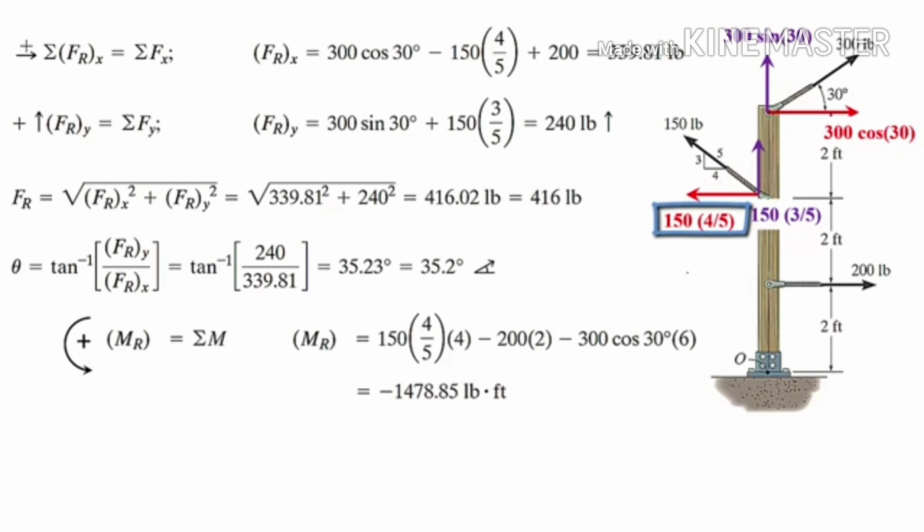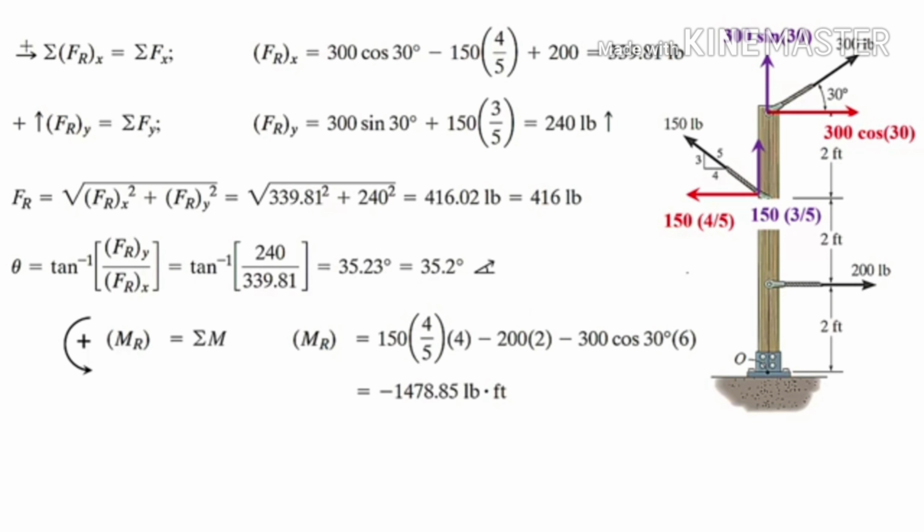In this case, I will have the following: 150 times 4/5 times 4 minus 200 times 2 minus 300 cosine 30 times 6. The 4, the 2, and the 6 are the distances, and the 150 times 4/5, the 200, the 300 are the forces.